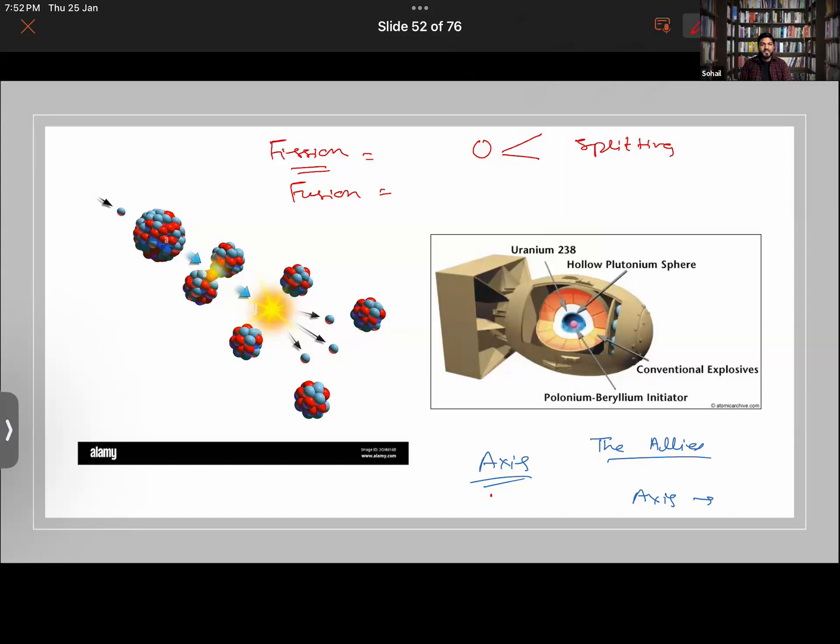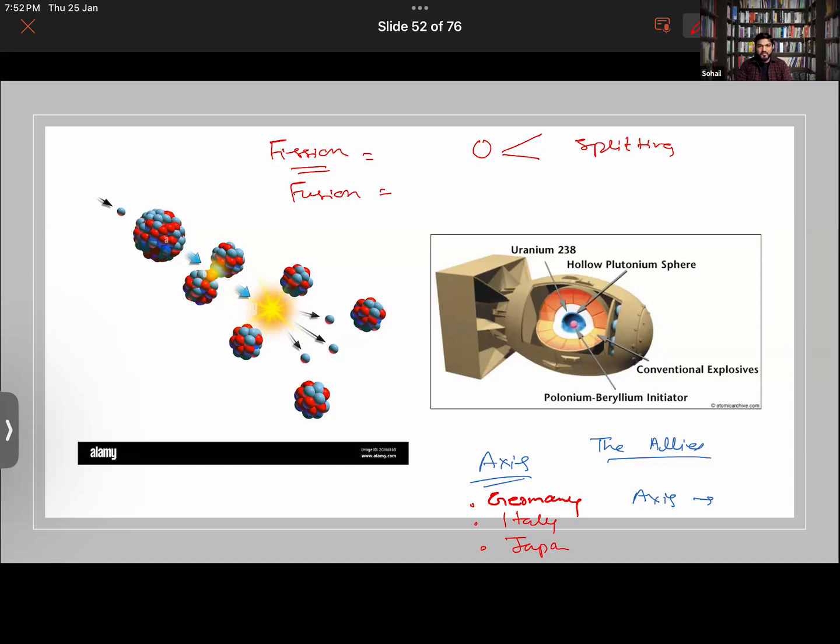Basically, you had Germany. In the second one, the Soviet Union was also there. Apart from the Soviet Union, Britain was also in it. China was also. US was. France was also in it. Let me write it actually. Germany, Italy, and Japan. Japan came late, later on.